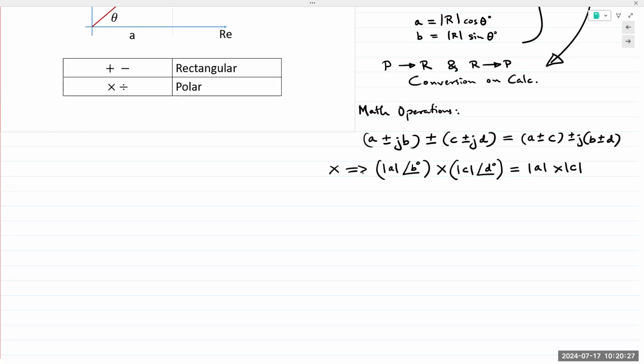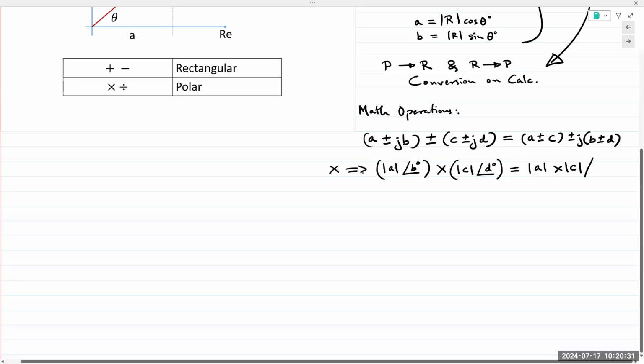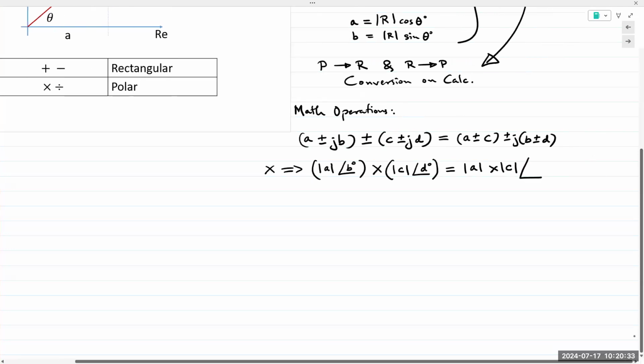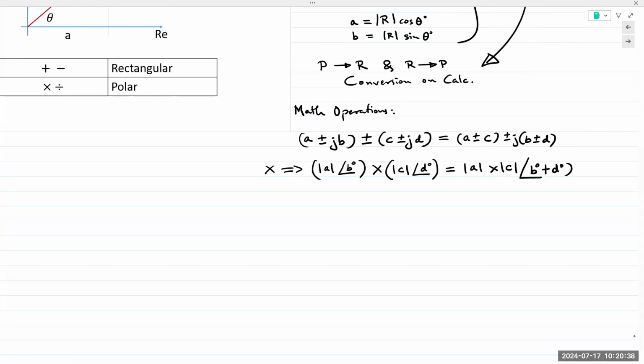But the phase angles are not multiplied. The phase angles are added up. So magnitude A times magnitude of C, with the phase angle B summed up with phase angle of D.